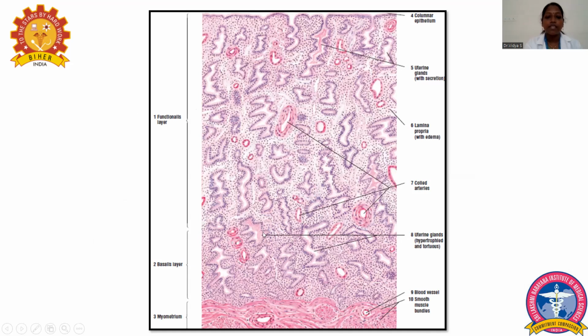You can see here there is a difference in the uterine glands, and they are very tortuous when compared with the proliferative phase. Here you can see the functional layer. We have the lamina propria with the coiled arteries, and you can see these uterine glands are filled with fluid in the secretory phase. So that is the secretion that we can observe in the secretory phase.